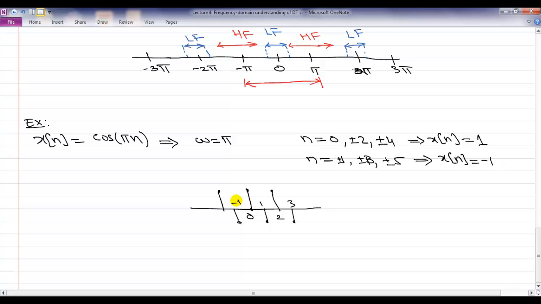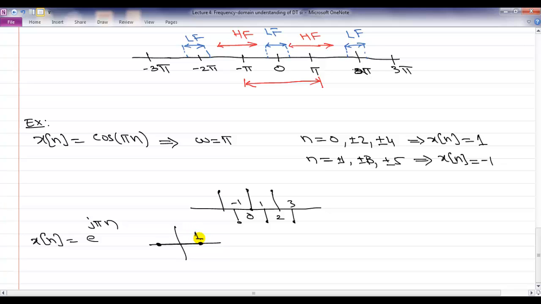Okay? If you were to think of, for example, x[n] equal to e to the j pi n, right? What this means is that at one sample, it will be here. At the other sample, it will be here, right?